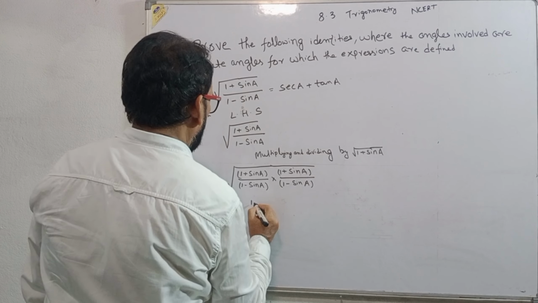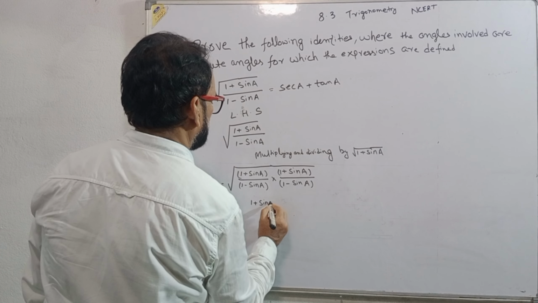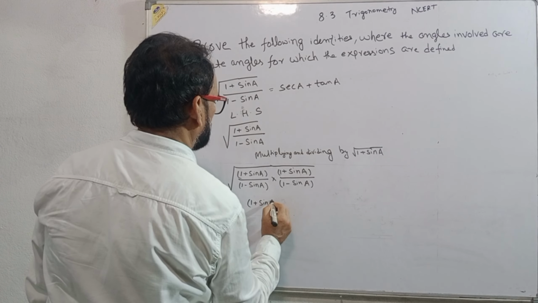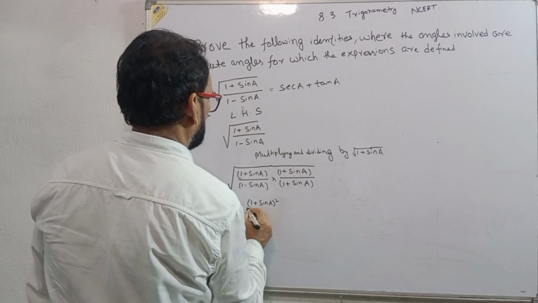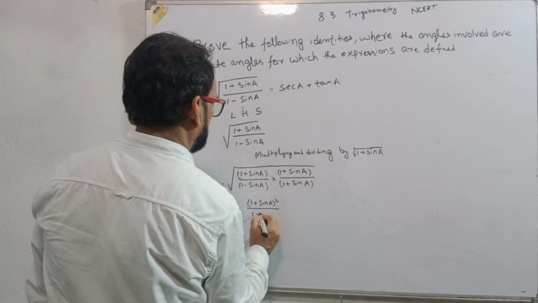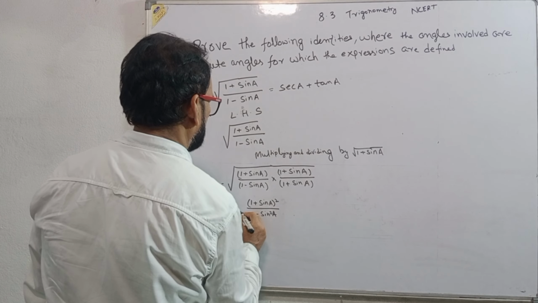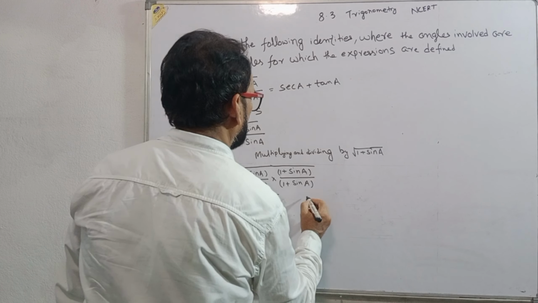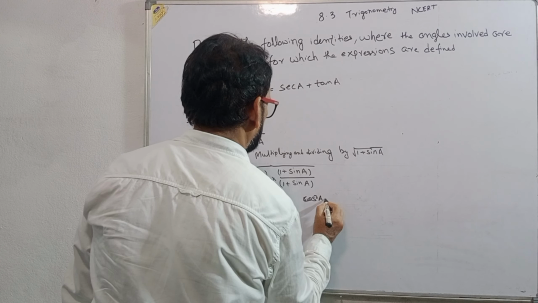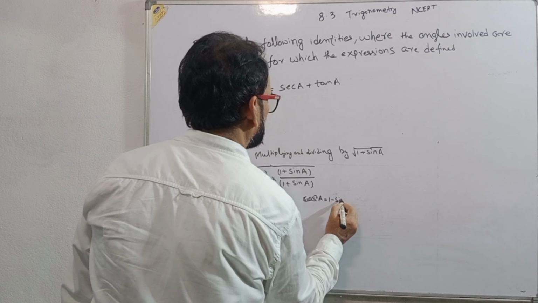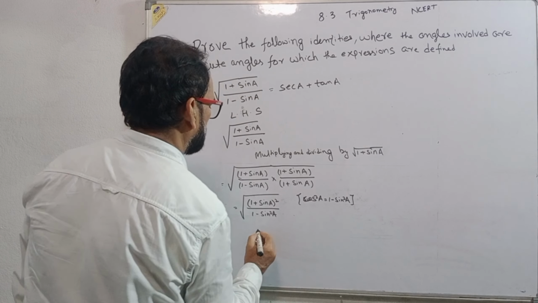Here 1 plus sine A whole square divided by 1 minus sine square A under root. Here cos square A equals 1 minus sine square A. We know this one.